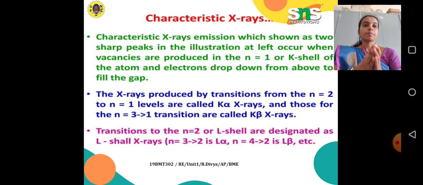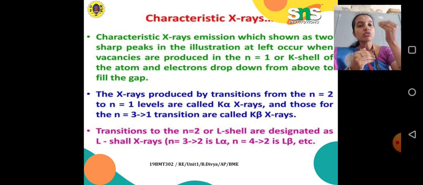Characteristic X-ray emission, which shows as two sharp peaks in the illustration at left, occurs when vacancies are produced in the n equals 1 or K shell of the atoms, and the electrons drop down from above to fill the gaps.